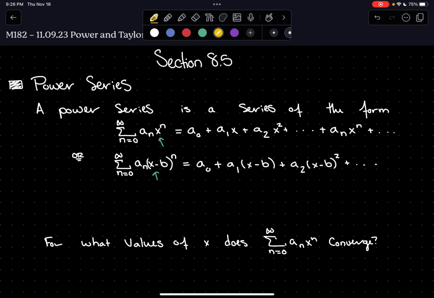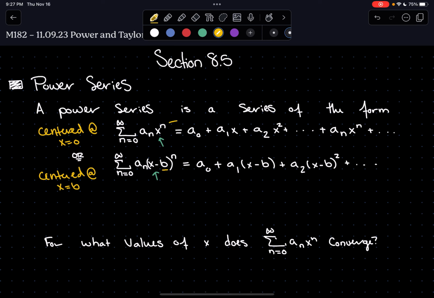These are both power series, but we say this one is the power series centered at x equals 0, and this is the power series centered at x equals b, right? That's where the shift comes in.